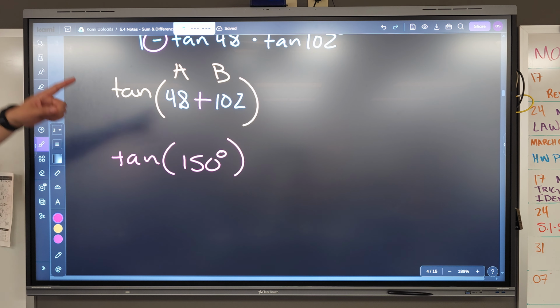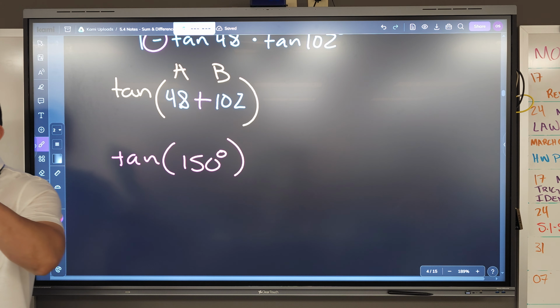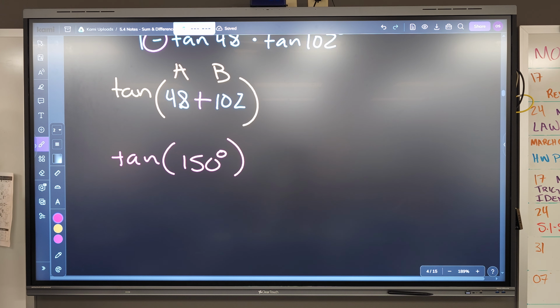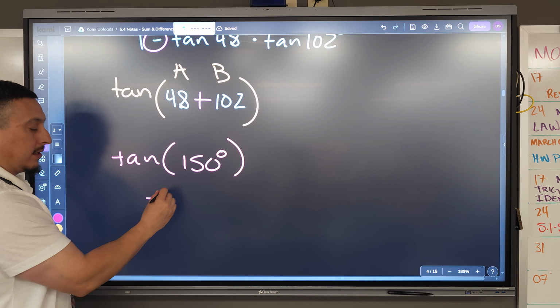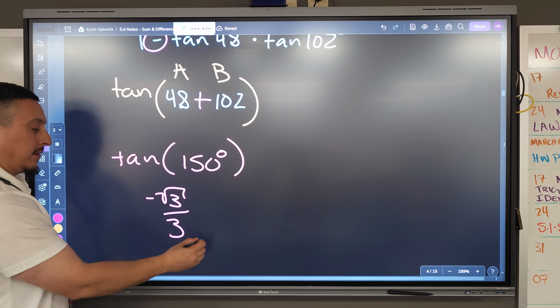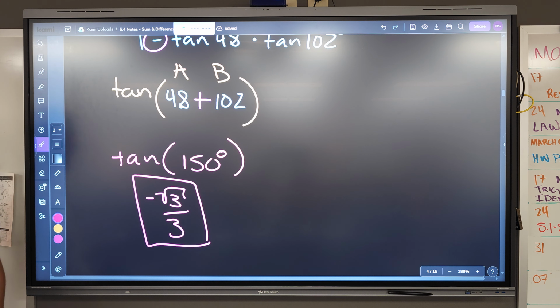They wanted an exact value. That means unit circle. Is 150 on the unit circle? Yes, absolutely. The tangent values are the boxed ones. What is the box value at 150? There's our answer. That's it? Yeah, that's all there is to those.